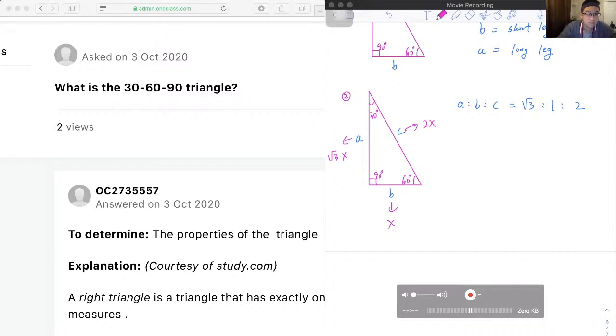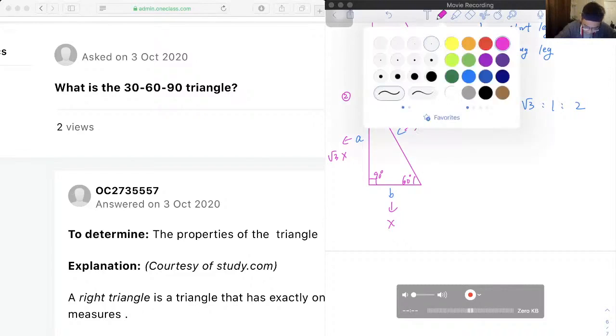So the hypotenuse, which is C in our case, is equal to twice the length of our shorter leg, which means C is equal to 2 times B. Let me just write this down here.